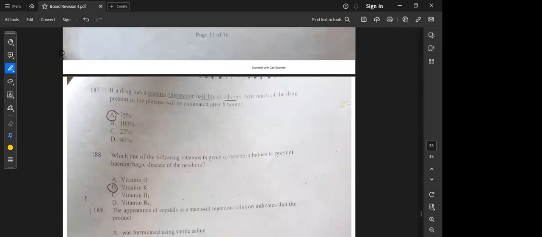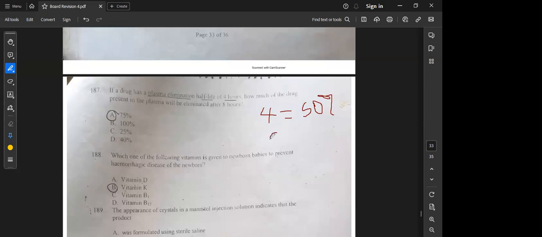On that, Sophia, this is my thinking. From the definition, half-life is the time it takes for concentration to fall by half, right? And here we've been told it's 4 hours. So let's start: it was 100% at time 0.